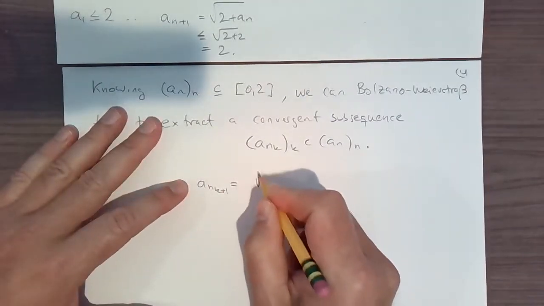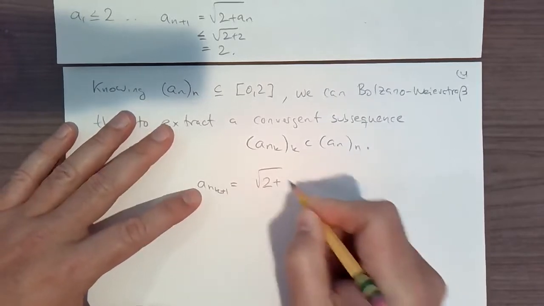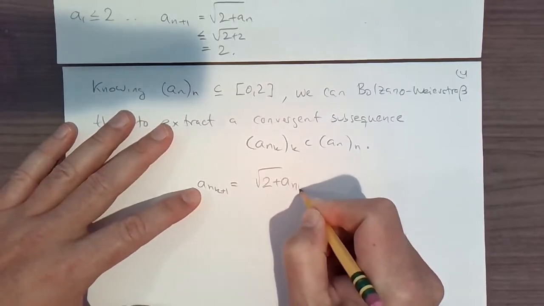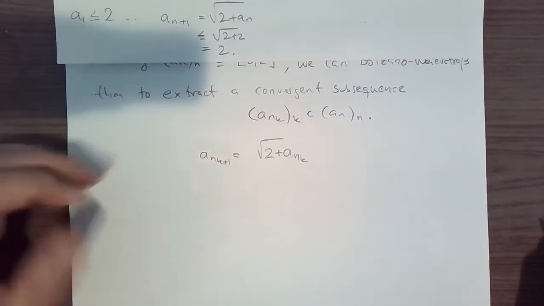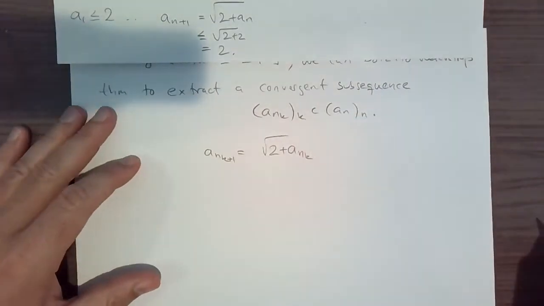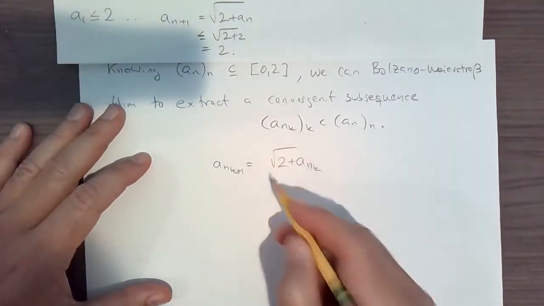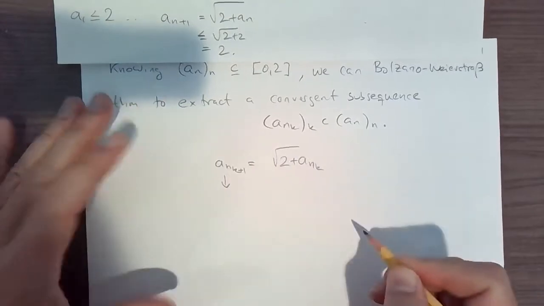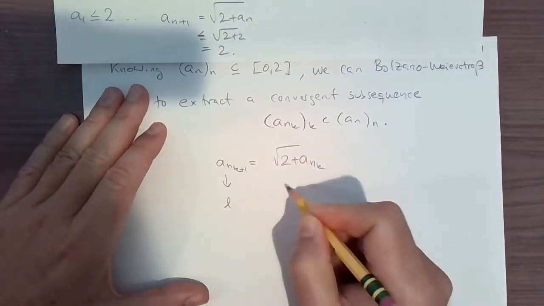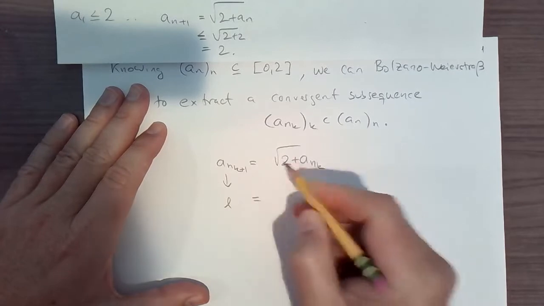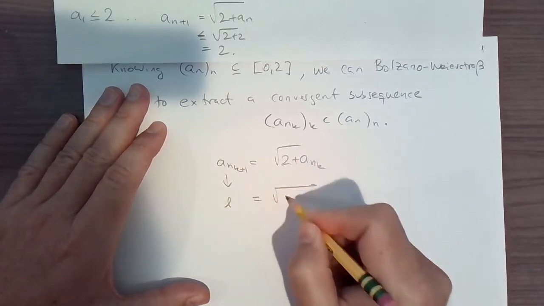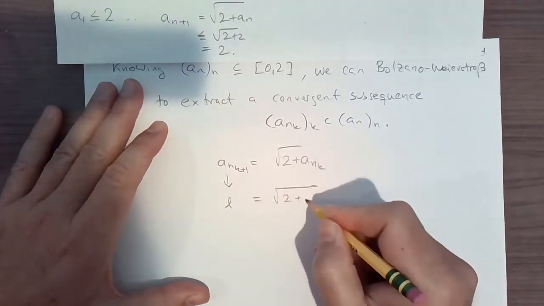This is going to be equal to root of 2 plus A_{n_k}. And now I know that this subsequence has a limit, right? So this thing here is going to converge to something, L, which is the same thing as the root of 2 plus L.